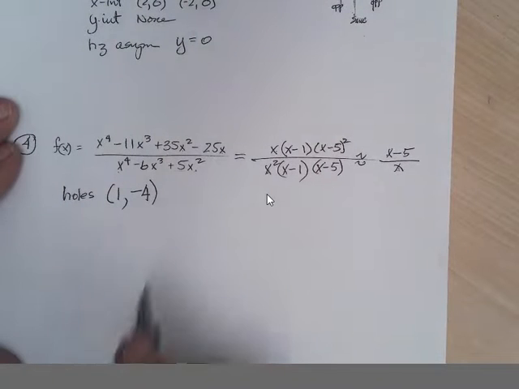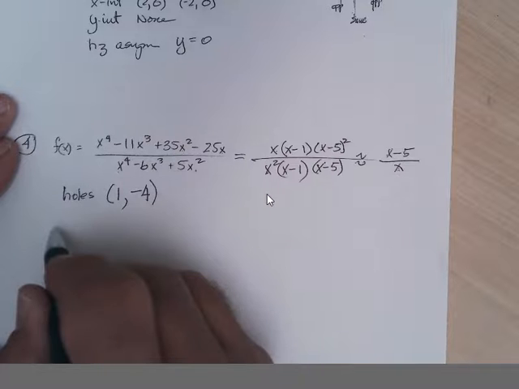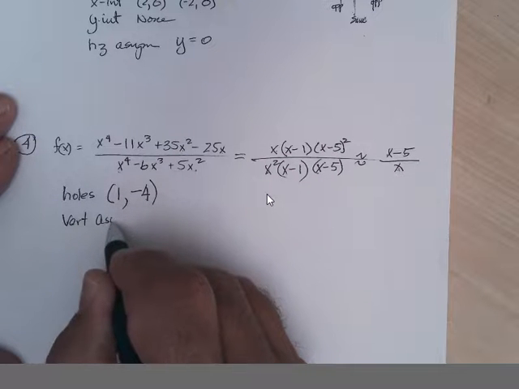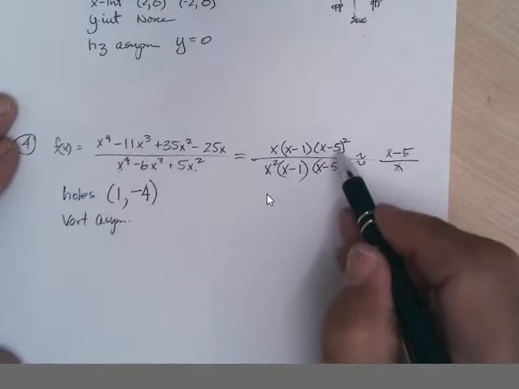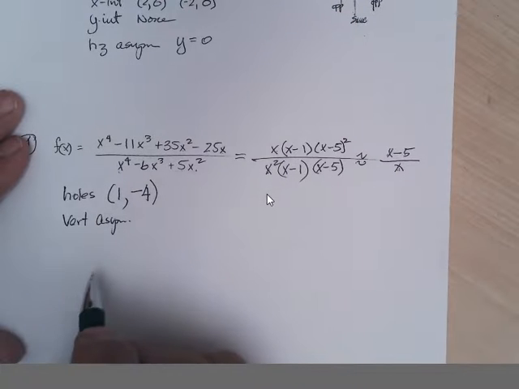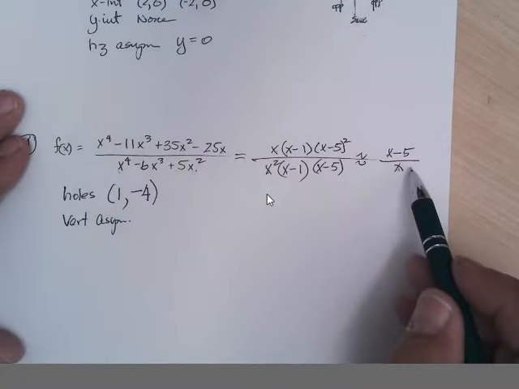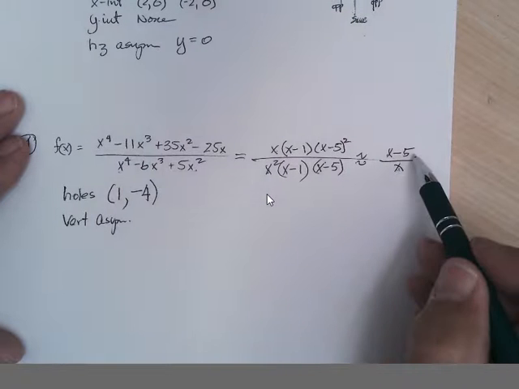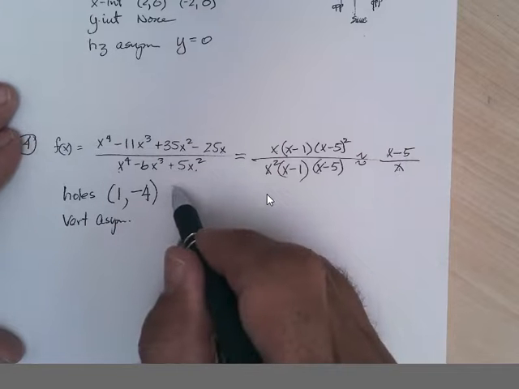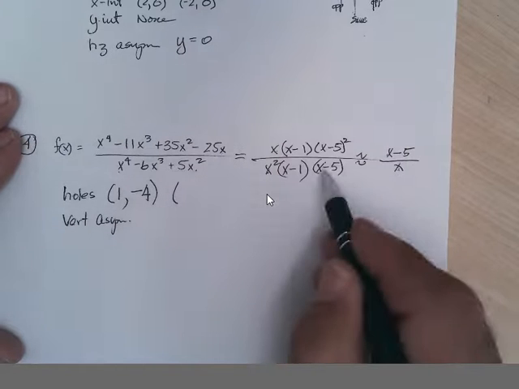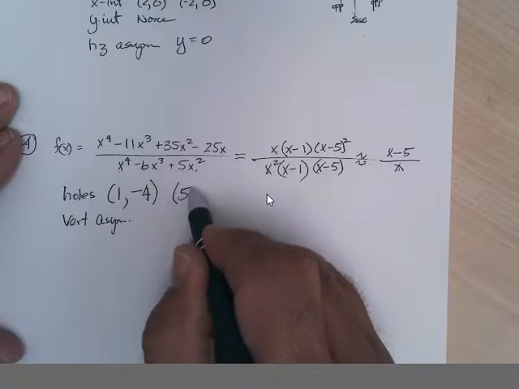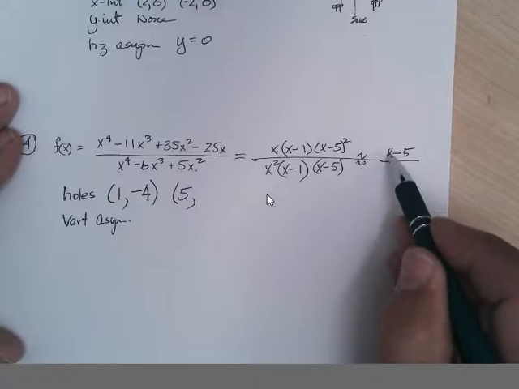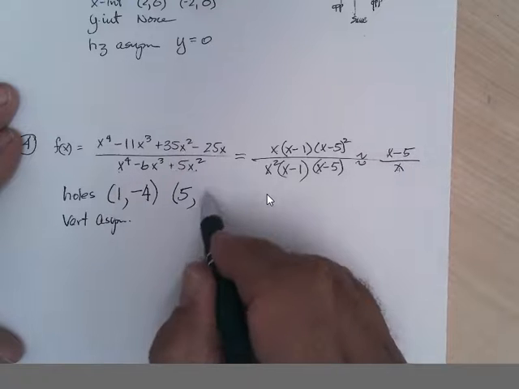And so now we have vertical asymptotes. Oh, we have a hole at 5, it looks like. But then, yeah, it's also an extra factor. It looks like we might have a hole at 5 because we can't put in 5. And if we put it in here, we get 0 over 5, which is 0.